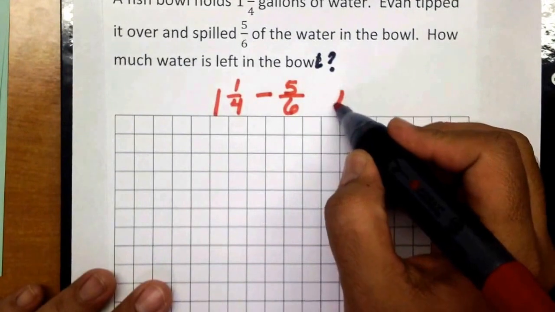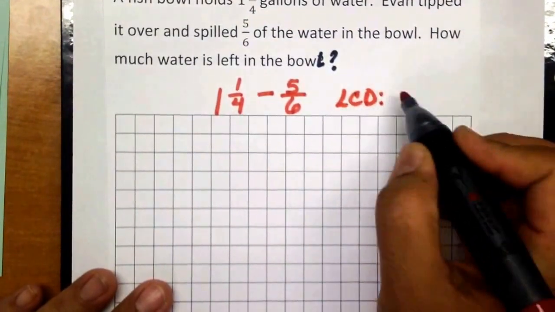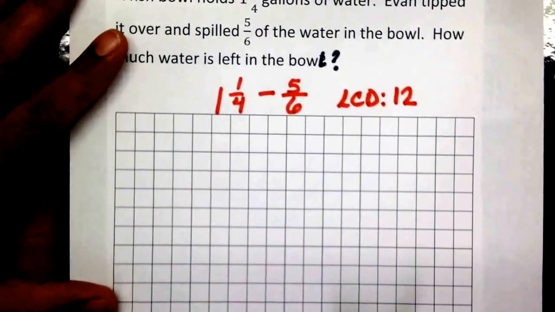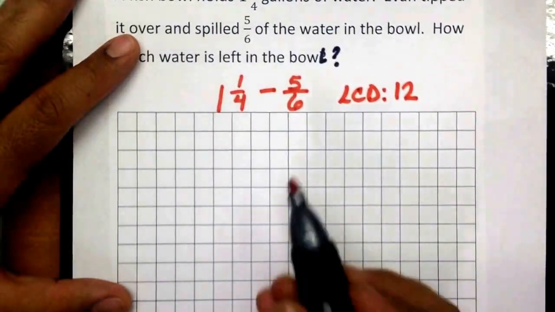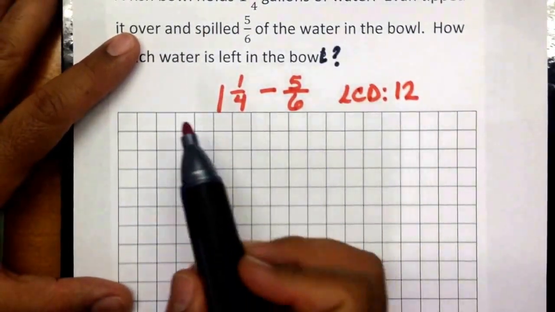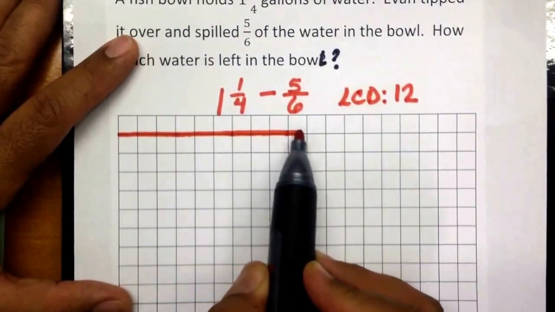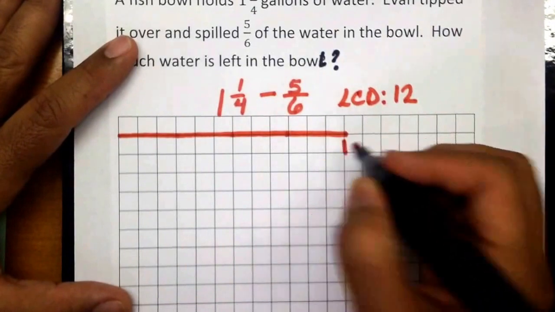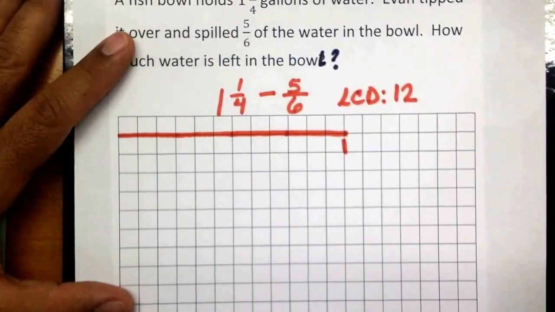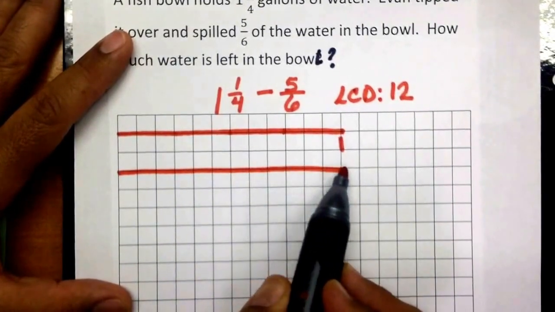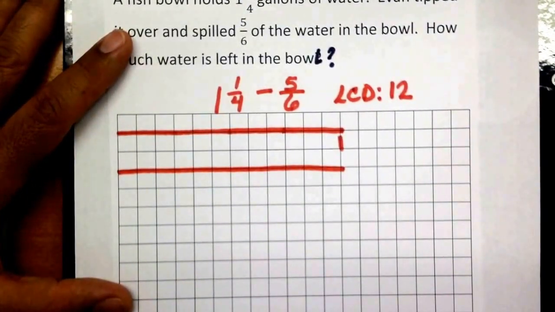Our least common denominator in this case is 12. We're going to need 12 squares to be in our 1 whole. Here's our 1 whole. We need another number line the same size so we can find 1/4 of that.